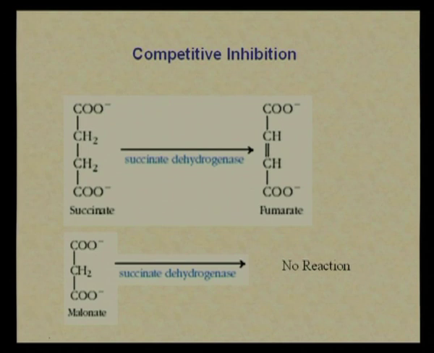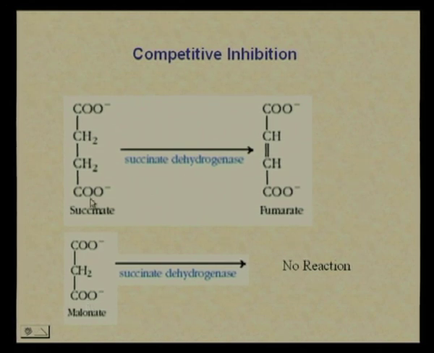Obviously, it works on only succinate and it removes the hydrogens to form a double bond here. It does not work for malonate. What is the difference? Just this CH2. So, the succinate dehydrogenase active site is just enough to fit this. It does not fit this.